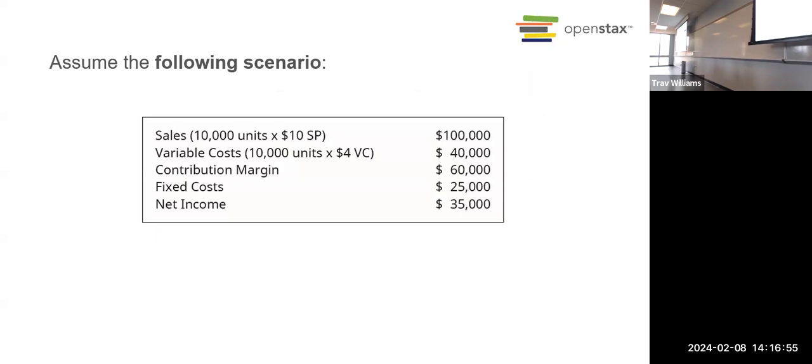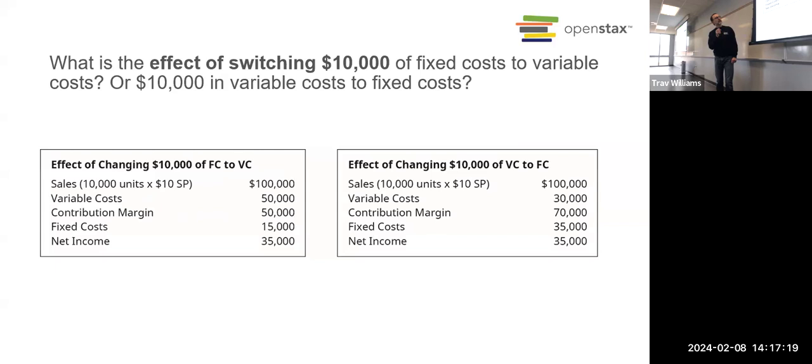This company has fixed costs of $25,000, right? We see $100,000 of sales revenue, $40,000 in variable costs based on $4 per unit. See their contribution margin minus their fixed costs equals their net income. What if they were to shift their fixed costs by $10,000?